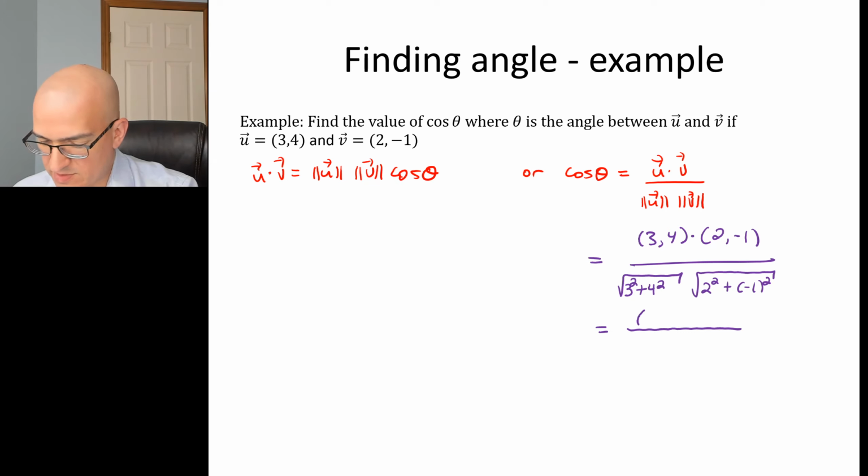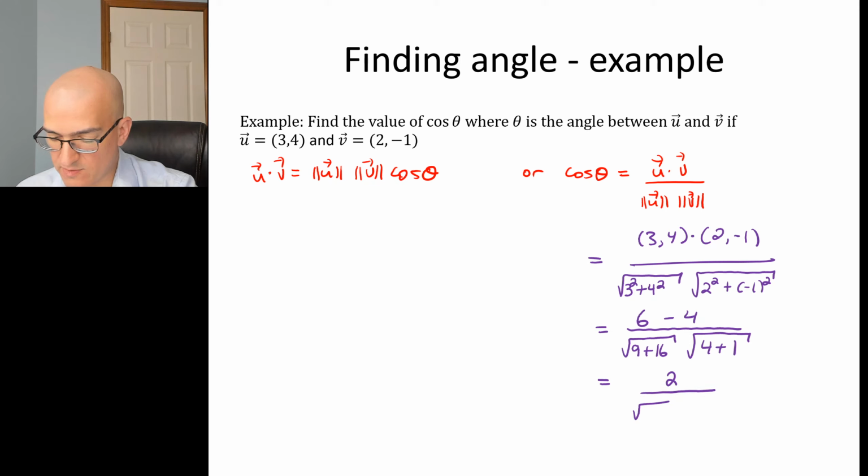So 3 times 2, 6, 4 times -1, -4, and then in the denominator we have the square root of 9 plus 16 multiplied by the square root of 4 plus 1. You can simplify 2 over the root of 25 times the root of 5, which is 2 divided by 5 times the square root of 5.